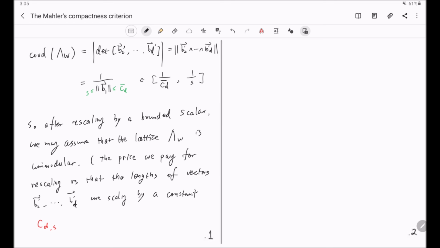The lengths of the vectors are only scaled by a constant that only depends on d and S. We don't really care about d and S because S is fixed, d is fixed. That's good.